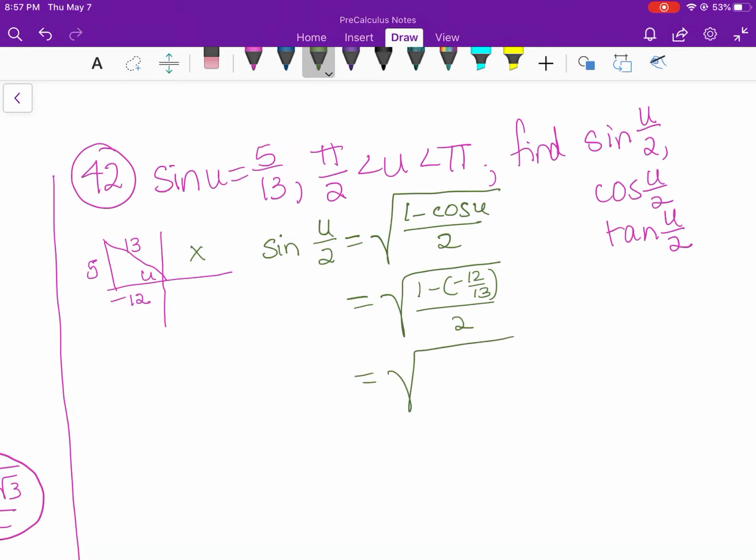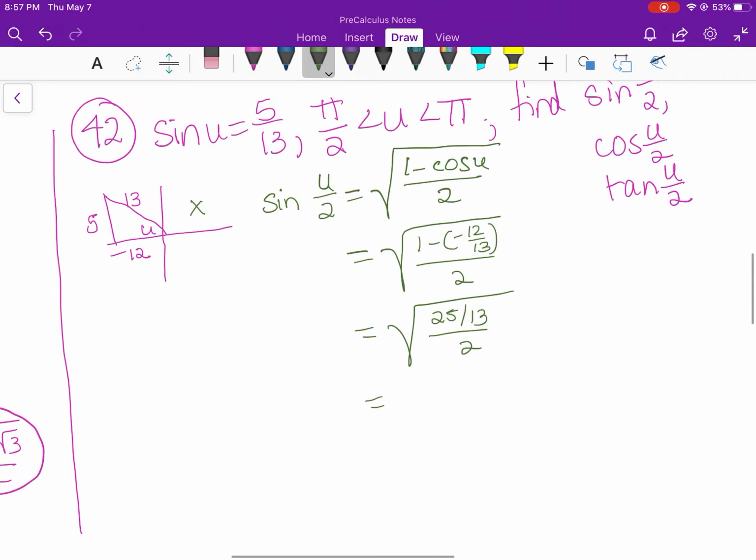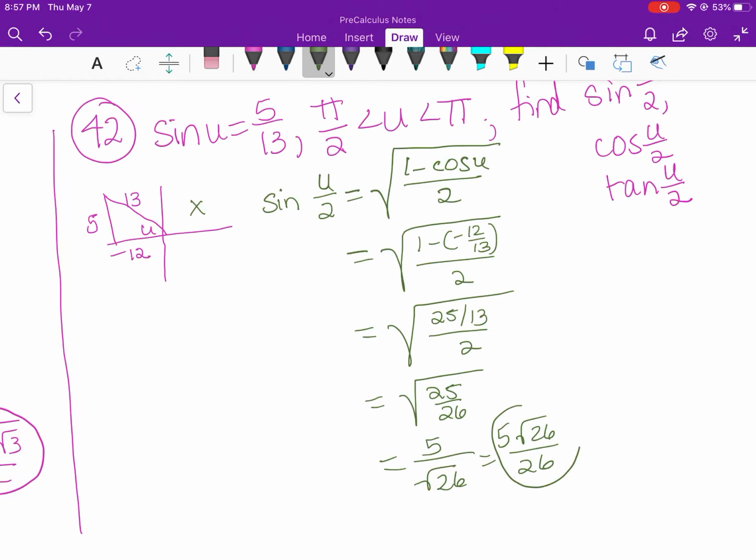So 1 plus 12/13 is 25/13. Just go ahead and use a calculator there. Divide by 2, it'd be 25/26. Take the square root. Rationalize, and you've got it.